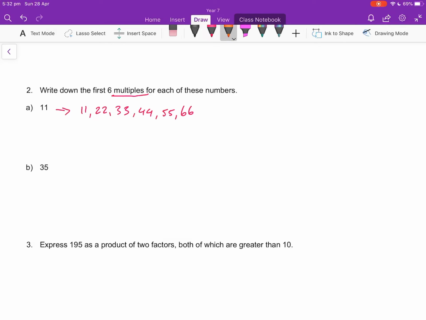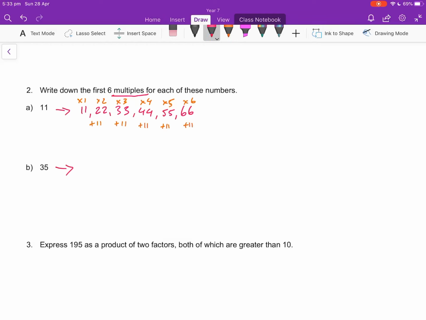So what we're really doing is timesing by 1, 2, 3, 4, 5 and 6. Alright, but we're also adding 11 each time.